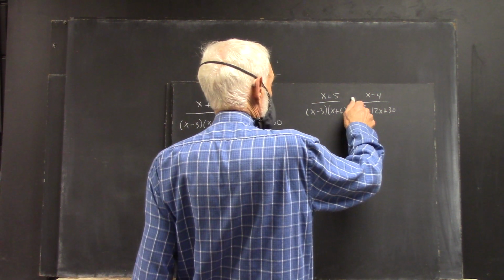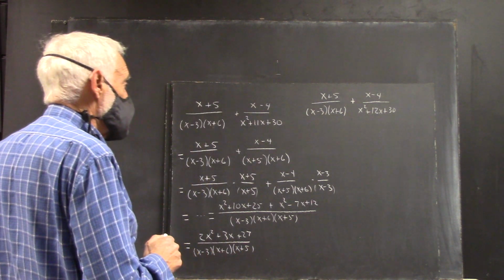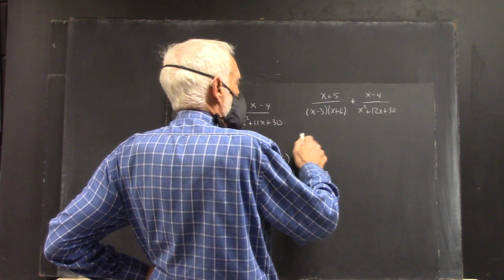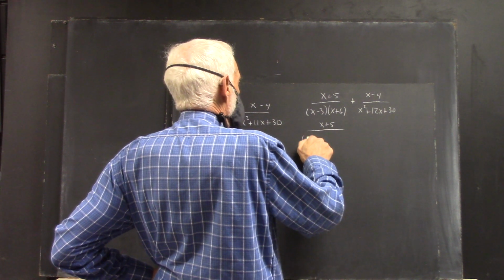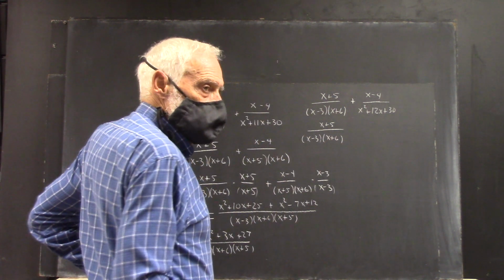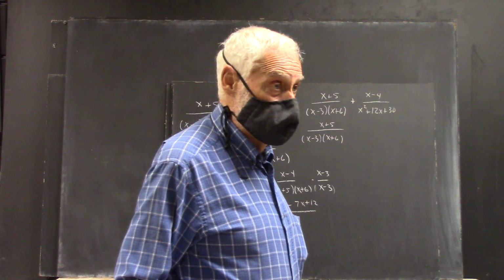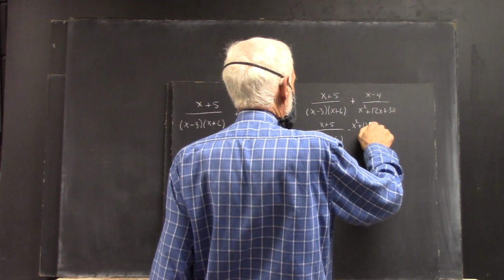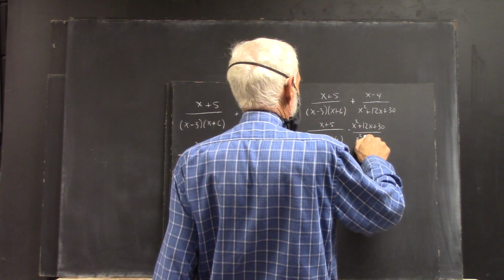It can be factored over irrational numbers, since the discriminant is positive, but okay. In order to do this, the denominator has to contain the x minus 3 and the x plus 6. And it's also got to contain x squared plus 12x plus 30. I don't have room to do this, but I'll squeeze it in.